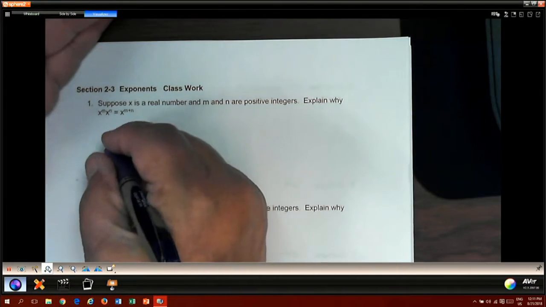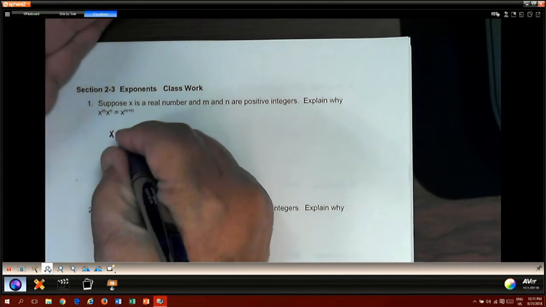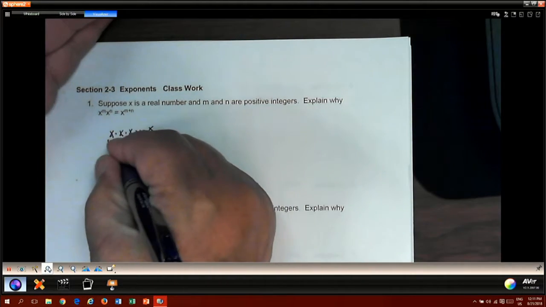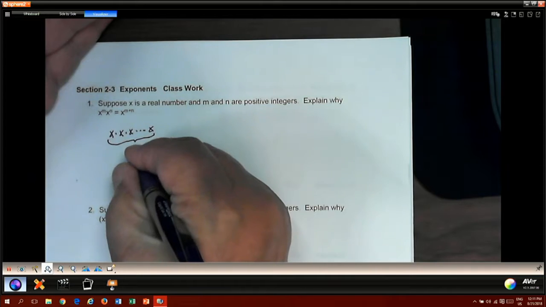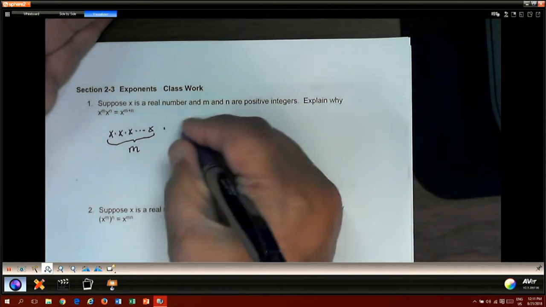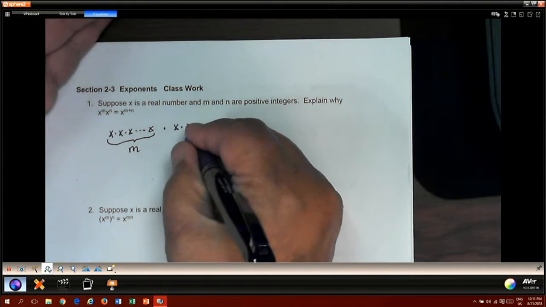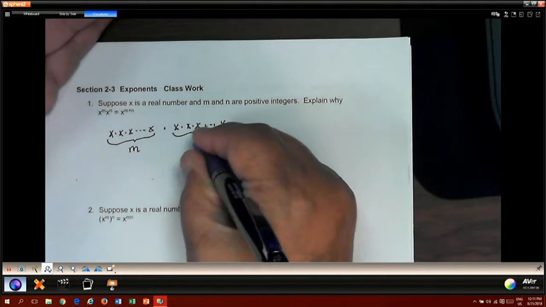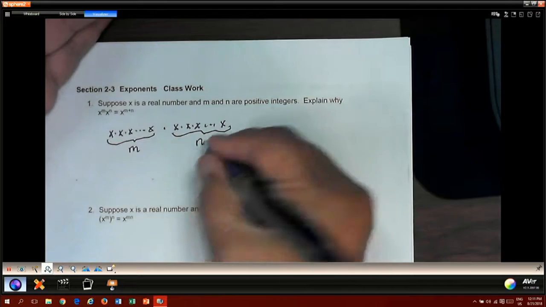plus n. Well, if we look at it, x to the m would be x times x, and so on, m times. Then x to the n is x times x, and so on, n times.